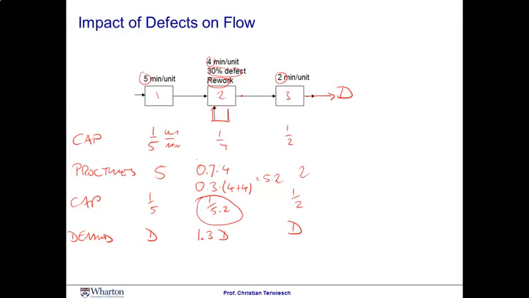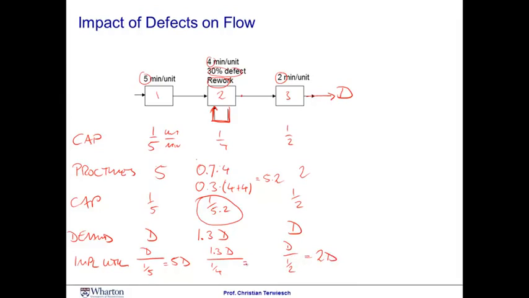That is simply revealing that for 30% of the flow units, I'm going to add another round of processing at the second step, and so the flow has to be 1.3 D. If you then recall our definition of implied utilization as a ratio of demand to capacity, you're going to get D divided by the capacity of 1 over 5, which is 5D, then 1.3D divided by the capacity of 1 over 4, and finally D divided by 1 over 2, which is 2D.